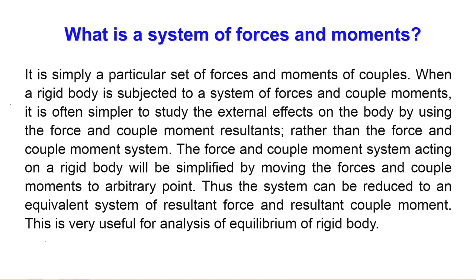The force and couple moment system acting on a rigid body will be simplified by moving the forces and couple moments to some arbitrary point, and thus the system can be reduced to an equivalent system of a resultant force and a resultant couple moment. And why is this important? This is very useful when we analyze the equilibrium of rigid bodies.